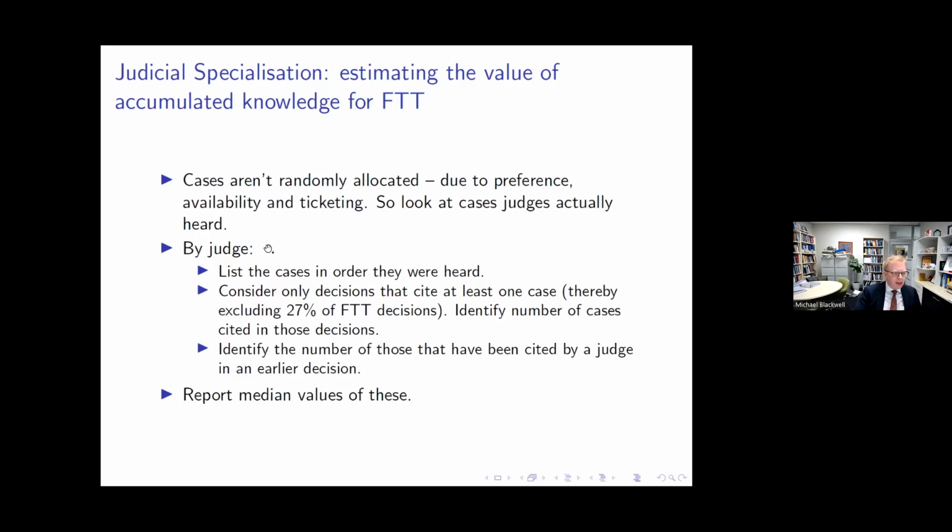And then it checked whether the judge had written a decision that cited any of those cases before, and what number of cases had been cited by the judge in an earlier decision of theirs. And so I was able to calculate for each case in order, or at least each case in which a judge cited cases in their decision, the number of cases that were new for them.